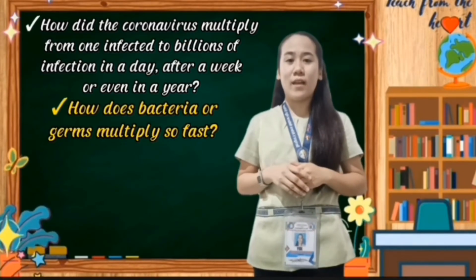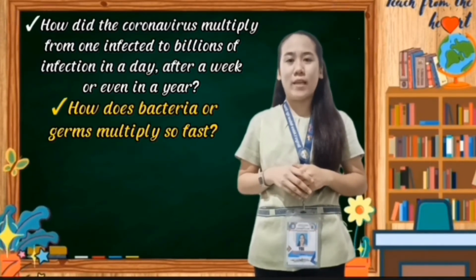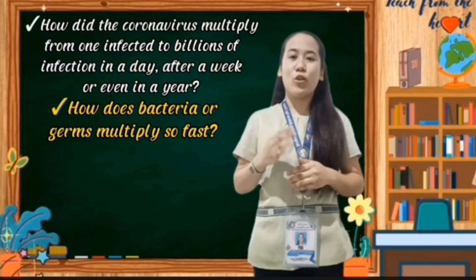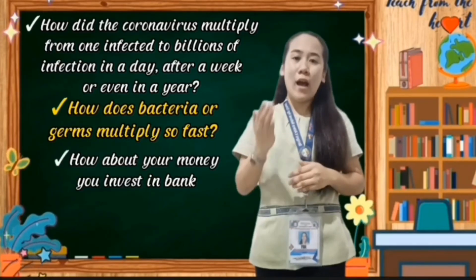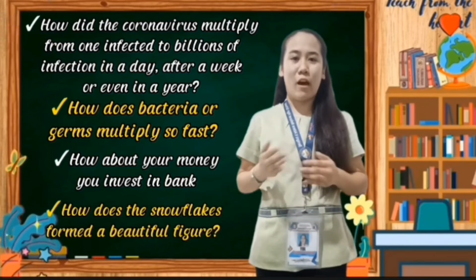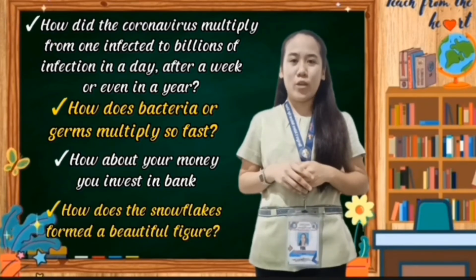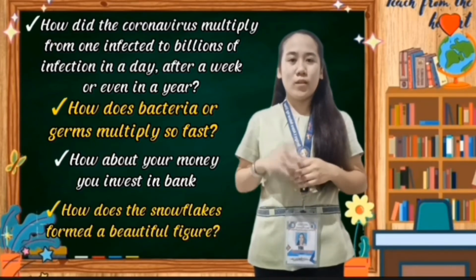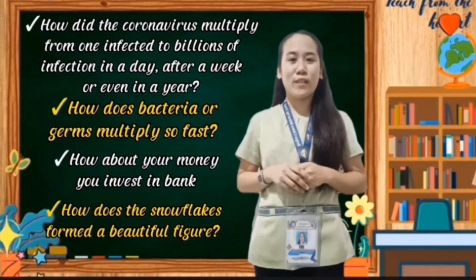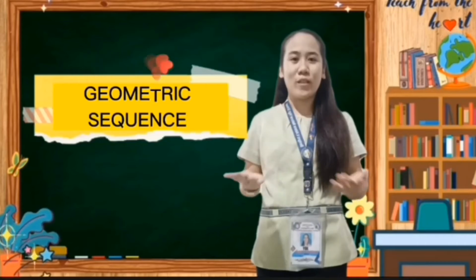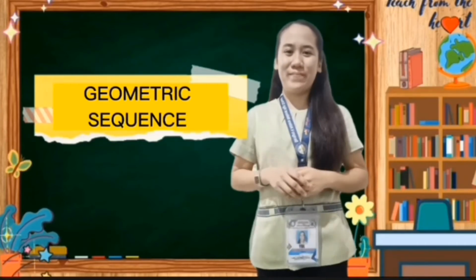And how do bacteria or germs multiply so fast? And how about your money that you are investing in a bank? Or how do snowflakes become a beautiful figure? So that is the real application of what we are going to discuss today, which is the geometric sequence.